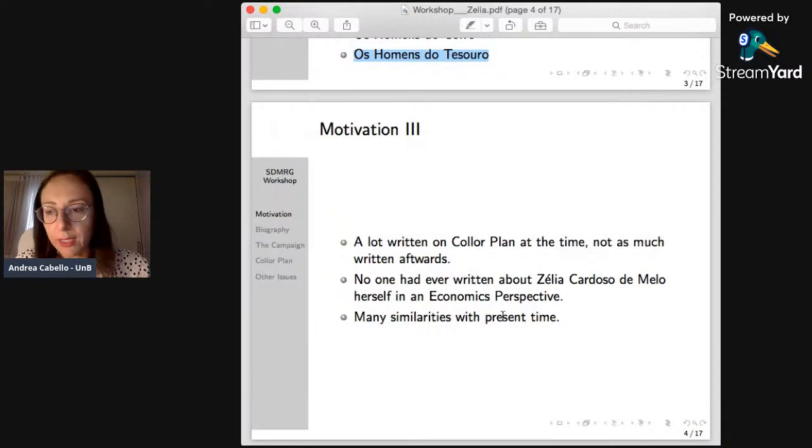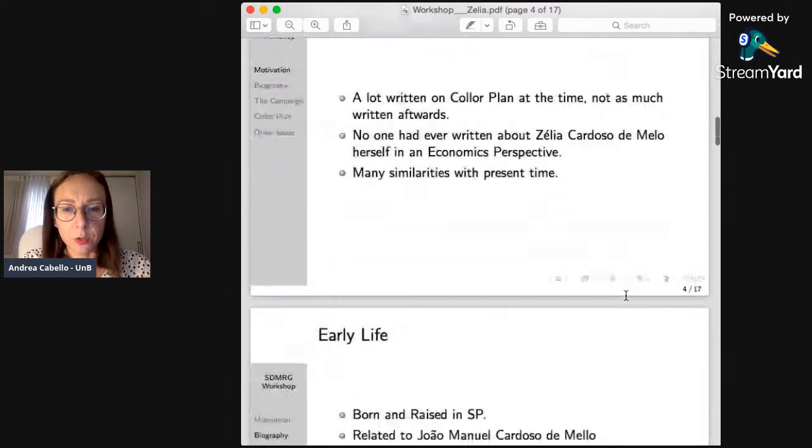And as we can see, for many reasons, political and other, external reasons, this agenda was not pushed forward in the way the government intended. The same thing happened with the Collor government as well. So I think this brings us into a nice moment in history for us to go back to.